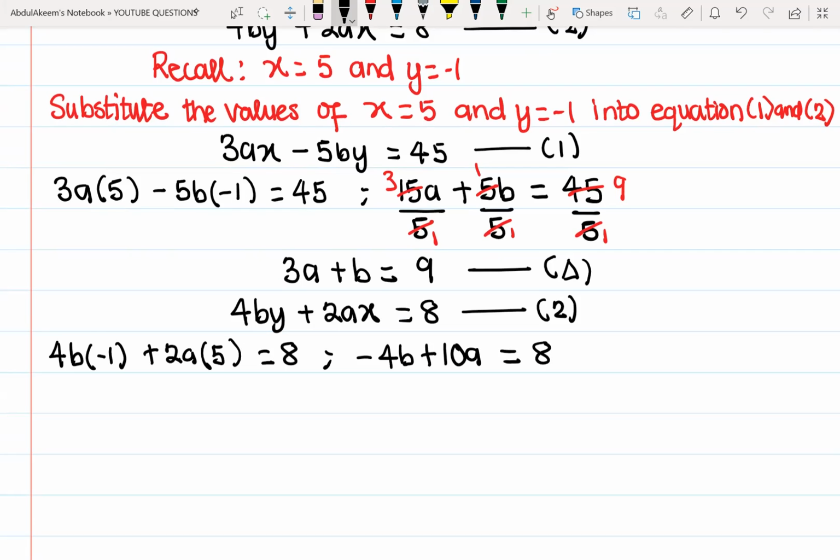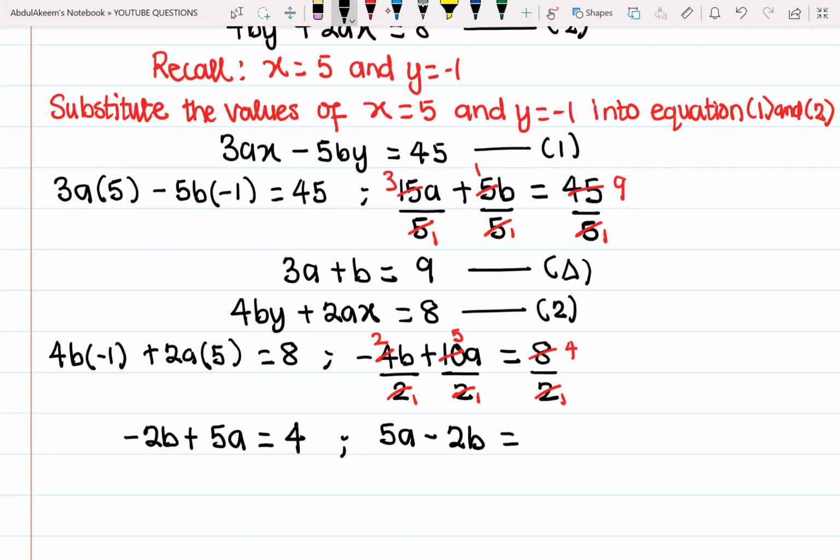Here also, 2 is a common factor, so we divide through by 2. 2 into minus 4 is minus 2, 2 into 10 is 5, 2 into 8 is 4. So I can rewrite this as minus 2b plus 5a equals 4. But in simultaneous linear equations, a comes before b, just as in equation triangle. So this becomes 5a minus 2b equals 4.